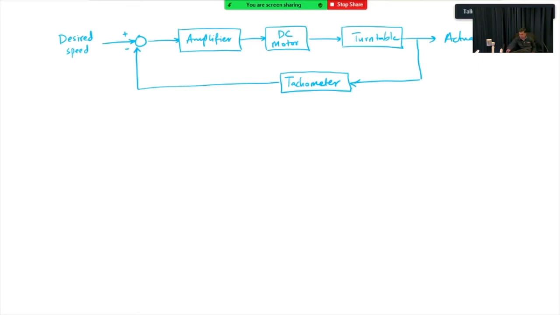So I'll just start with describing linear systems. Okay, so we've seen that there can be open loop and closed loop systems, and let's look at other properties which I said, like linear or non-linear. So we can actually look at what is a linear system.